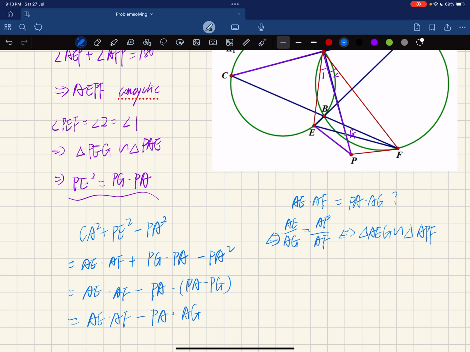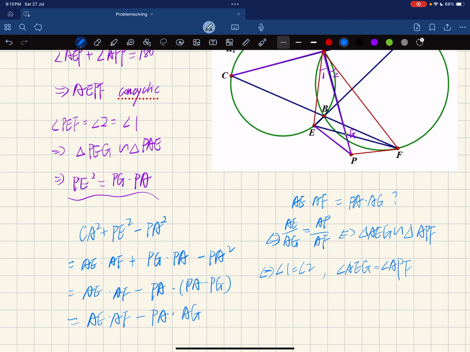So how to prove these two triangles similar? That's very easy. We have angle 1 equals to angle 2, and also the angle AEG equals to angle APF. So yeah, we have proved that these two triangles are similar.